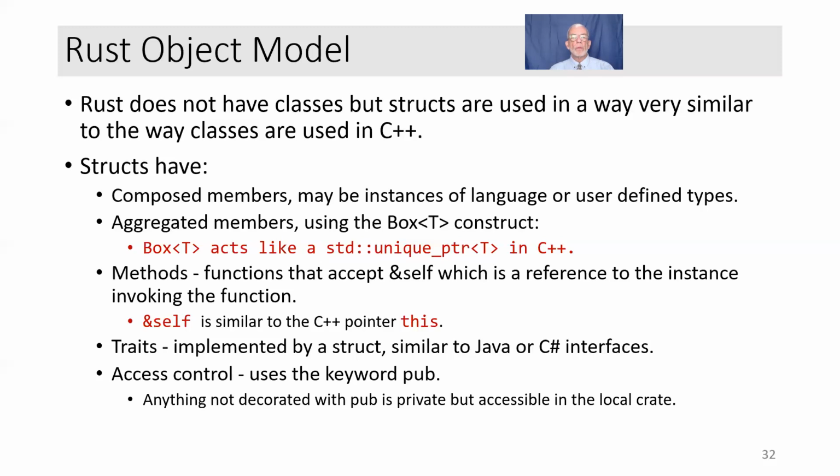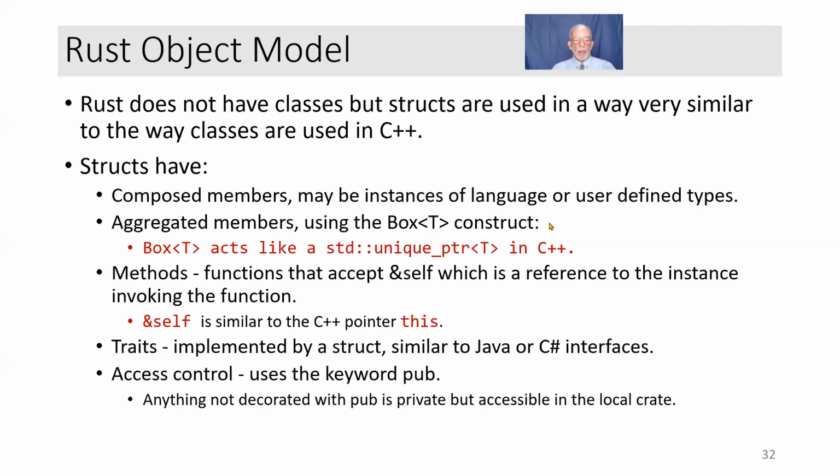Now, when you call it, you don't pass that address, but unlike C++, in the declaration, we list this pointer. With C++, that's all implicit. Rust has chosen to make it a little more explicit as far as the declaration goes, and that's probably a good thing.